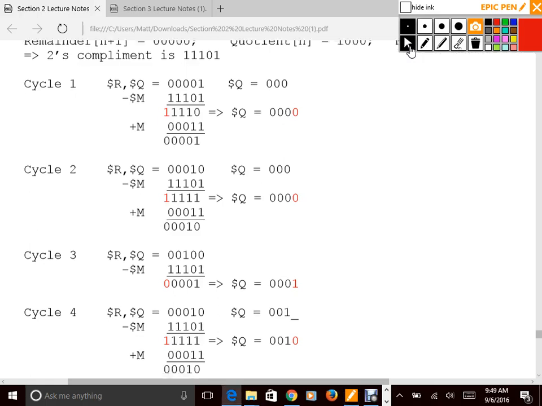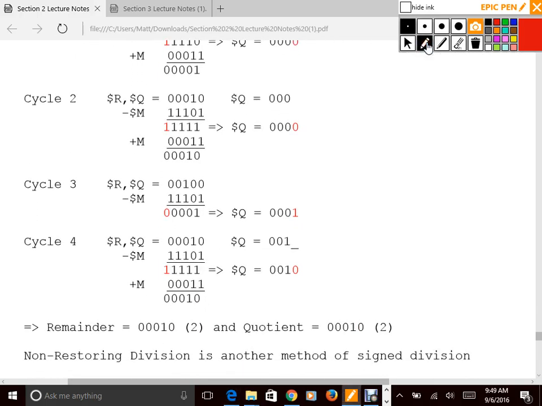In the third cycle, we do the same thing. So we have, this is our mantissa. We left shift. This significant bit goes away. The most significant bit of the quotient becomes the least significant bit of the remainder. You have 0, 0, 1, 0, 0. We subtract the mantissa, and we get 0, 0, 0, 0, 1.